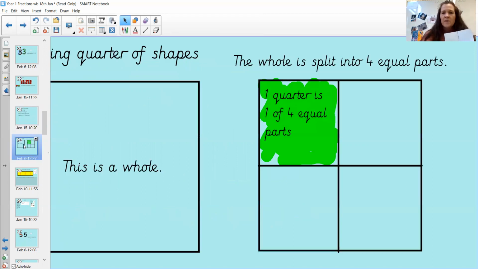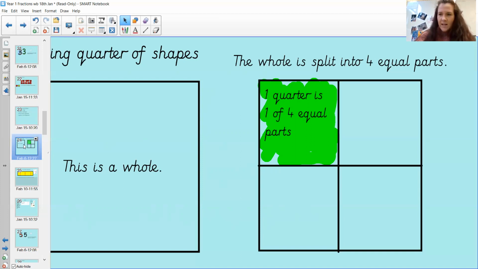Here's the next part of the lesson. So like I said, the whole shape is the square, isn't it? So I've got a whole square and I've now split it up into 4 equal parts. And now if I was to colour one of those equal parts, like I'm going to do now, you can get your colouring pencils or pencil, whatever you want to use, and you can colour in one of those 4 equal parts.